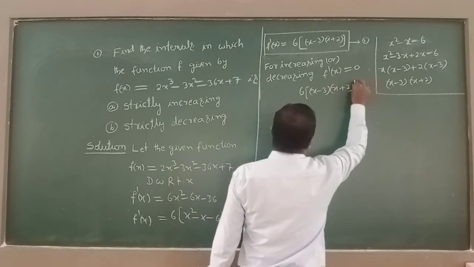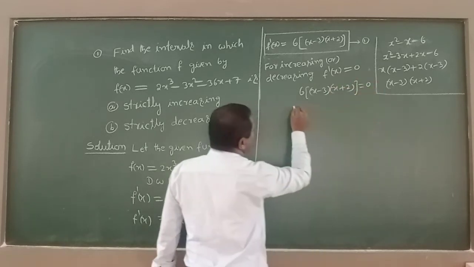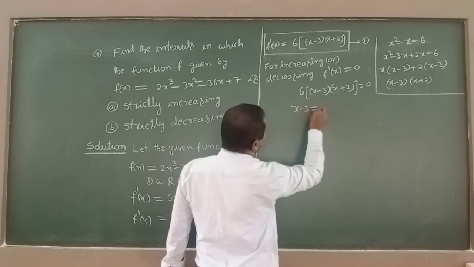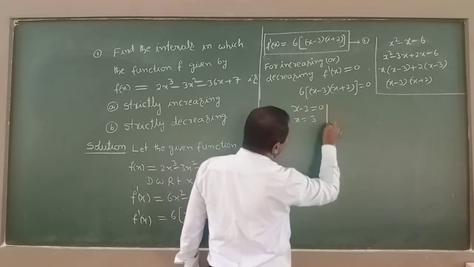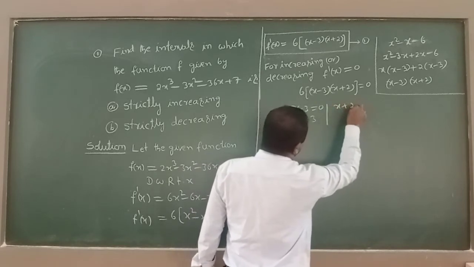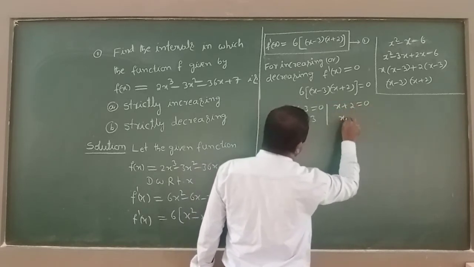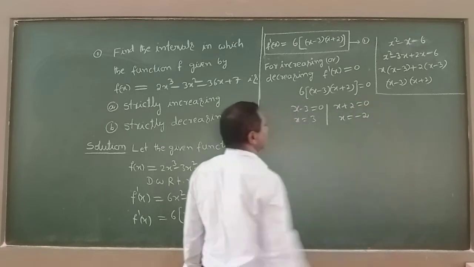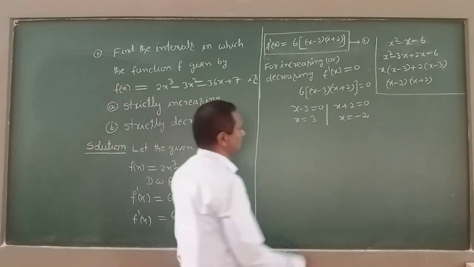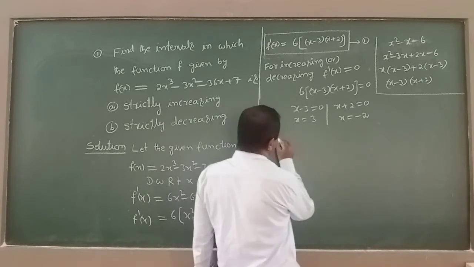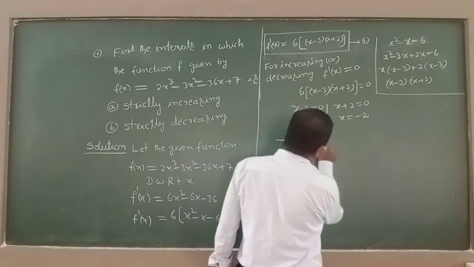That is, x minus 3 is equal to 0, or x is equal to 3. And one more, x plus 2 is equal to 0, and you will get x is equal to minus 2. We got the two values here, minus 2 and 3. After getting that, you plot them on the real number line.